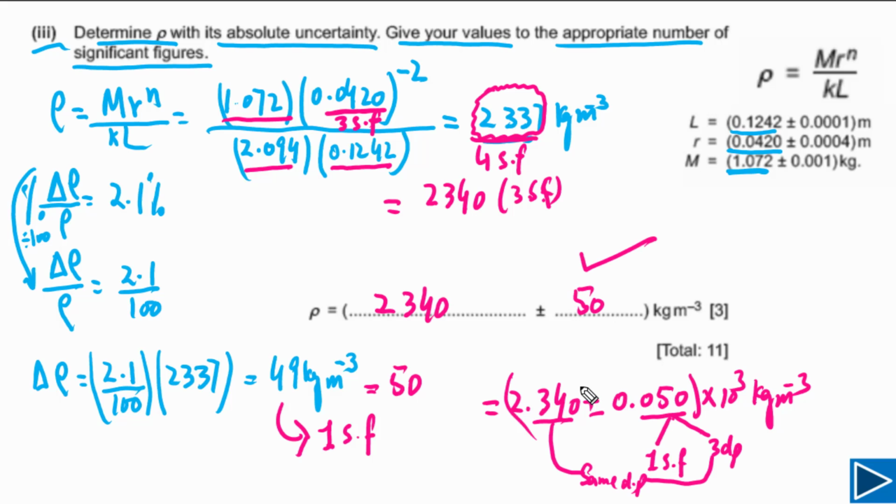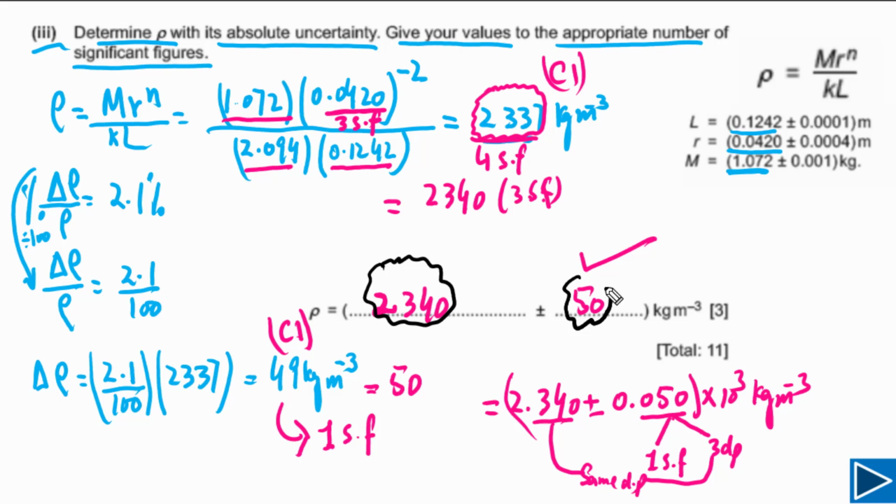Now let me explain to you how marks will be awarded. The first mark will be awarded, so this is a C mark, and the second C mark you will get if you got this answer for absolute uncertainty, and the last one you will get if you have written your answer in this form. The main concept you need to understand is how to write down this quantity and the absolute uncertainty.